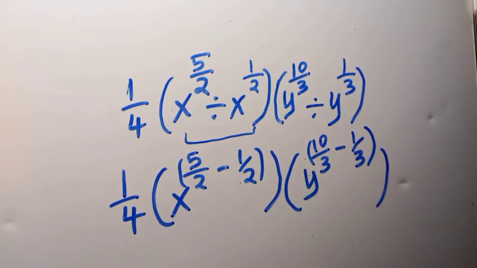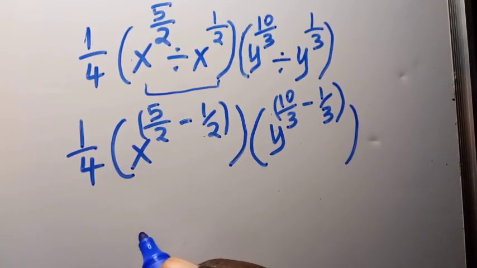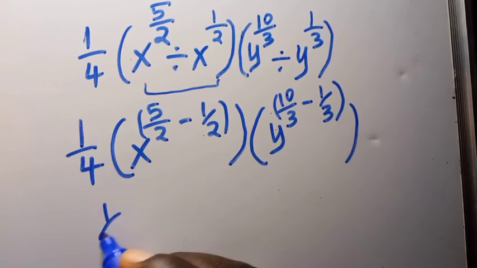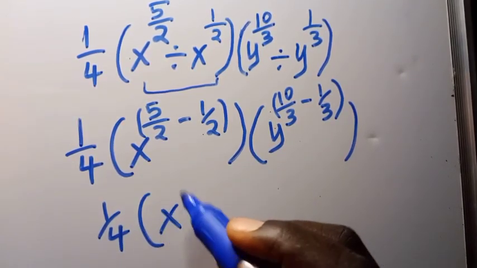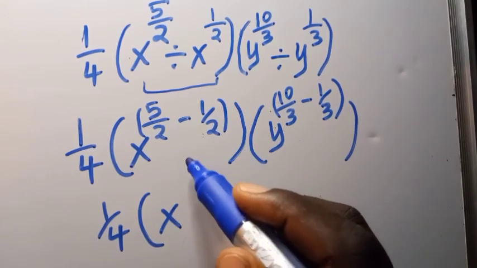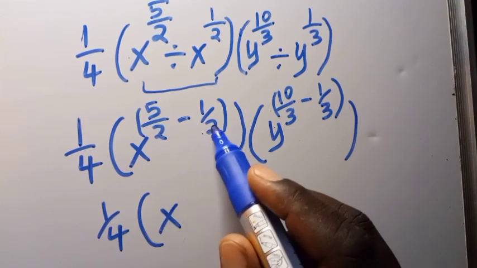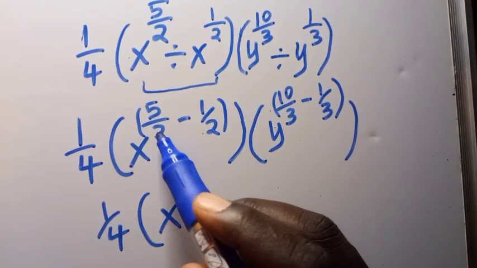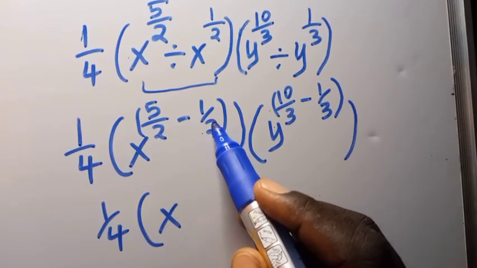Now, from there, we shall have, that is a quarter into x raised to 5/2 minus a half. Remember, the bases are the same. The LCM is 2. Not the bases, but the LCM. The LCM of 2 and 2 is 2.